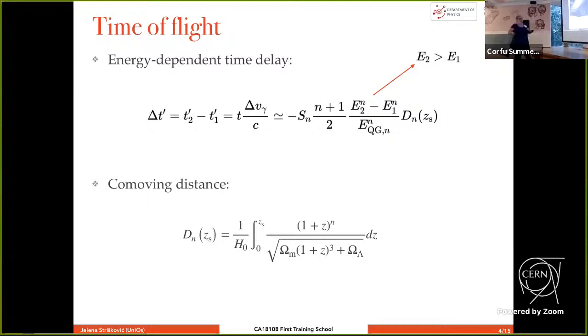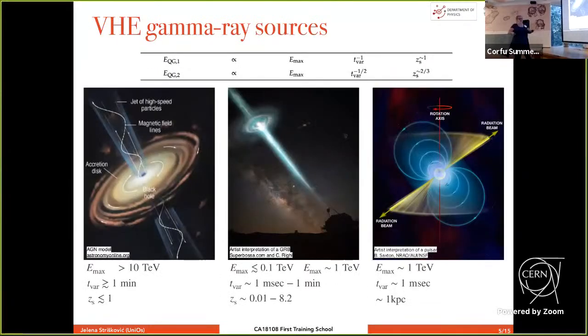Now, what sources do I need? I have a recipe of what I need, but in which sources should I look for that? Here up you can see a very rough estimate of what this EQG, this LIV limit depends on. Mainly it's proportional.